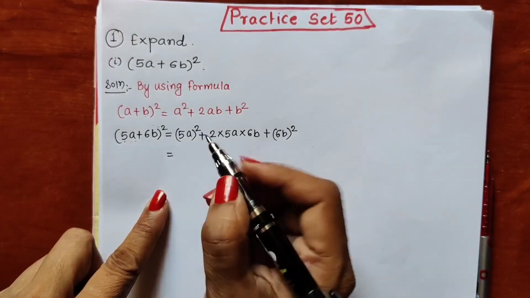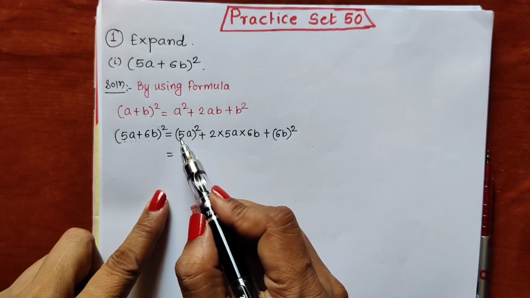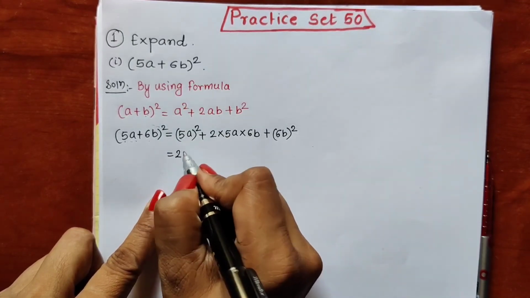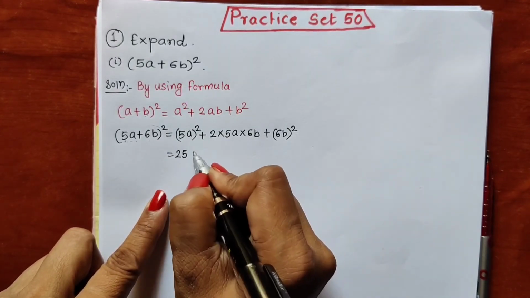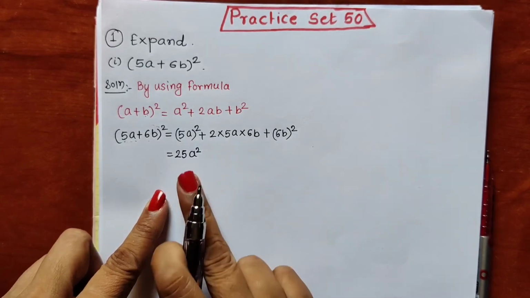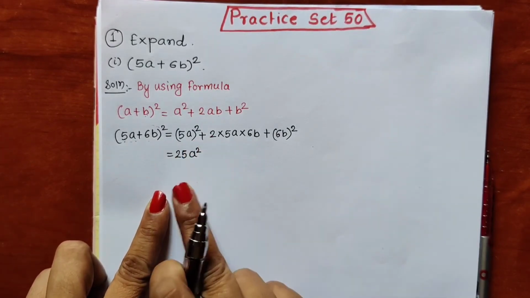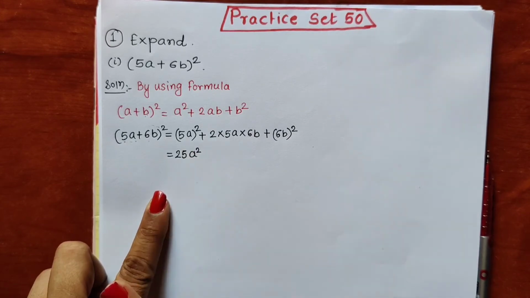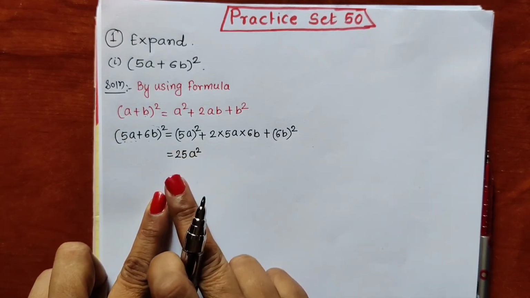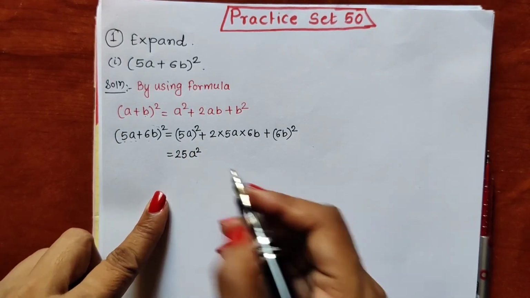Now we can solve it. (5a) square: 5 square is 25, we all know, and a square we cannot find out, so we put square to a. So in this way, square of 5a is 25a square, plus.